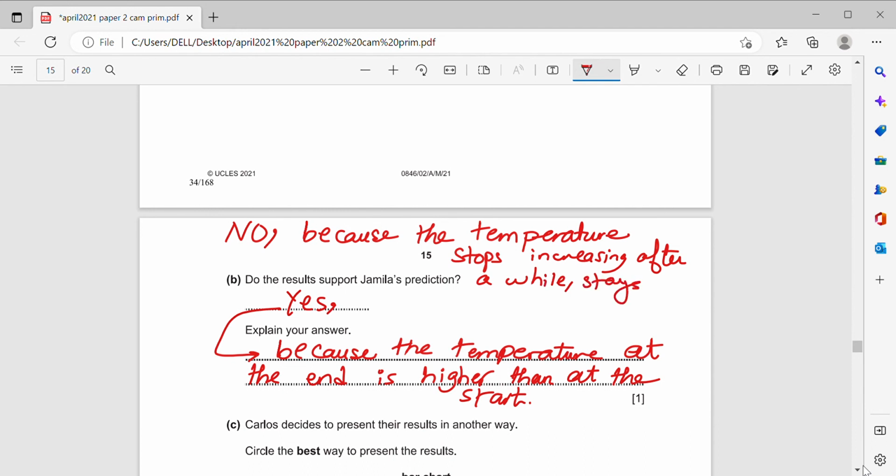Stays the same at some time. Okay, great.